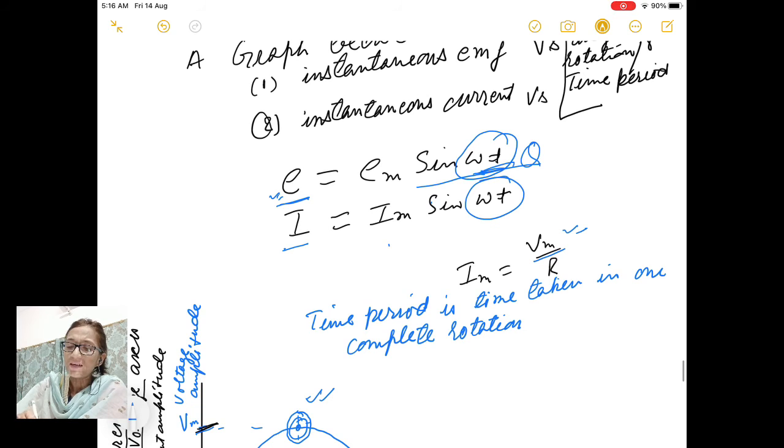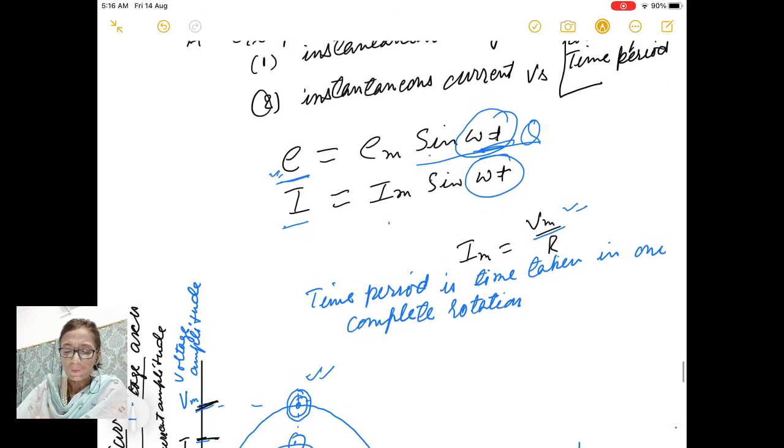The two angles are the same and in the term of sine only, so they are in phase.